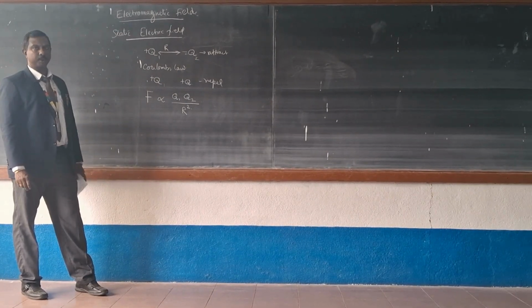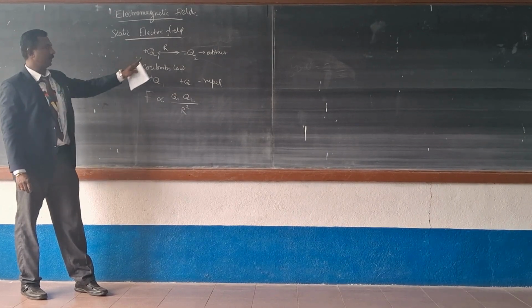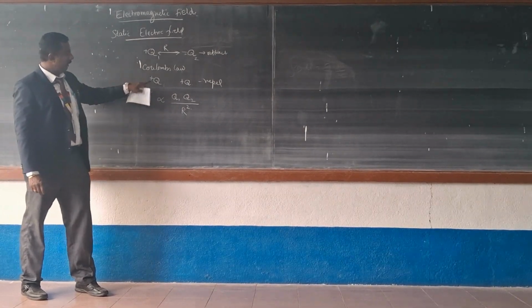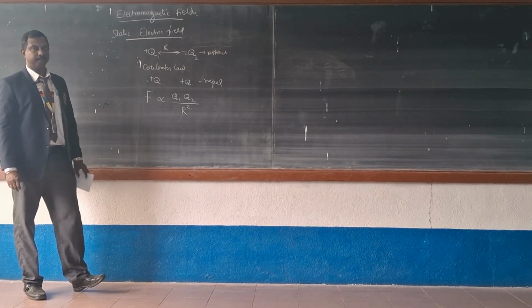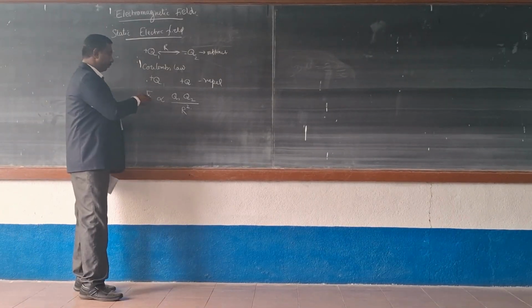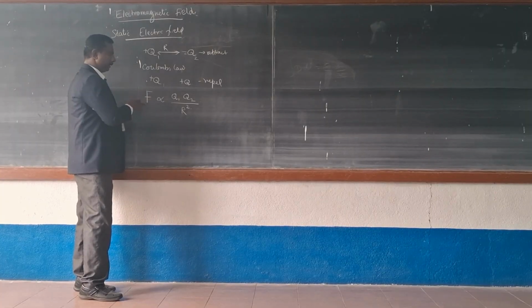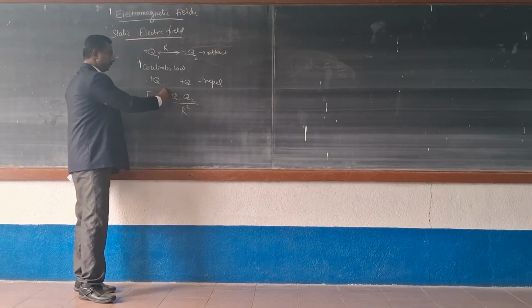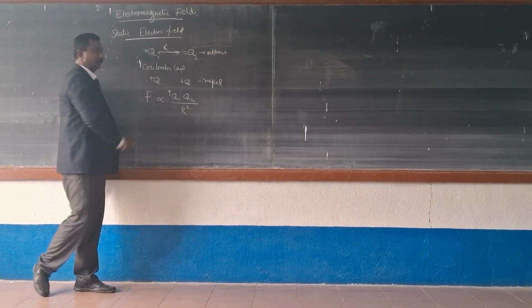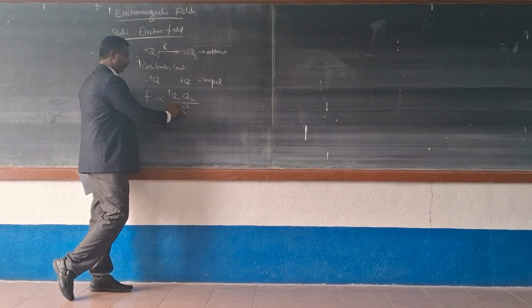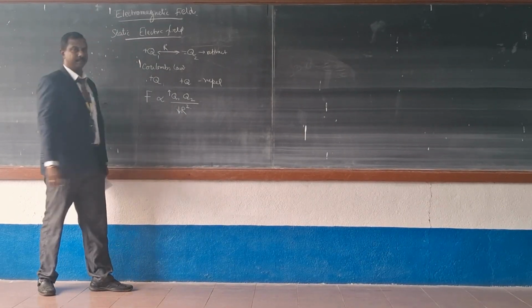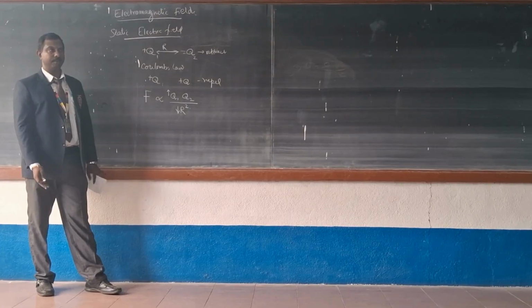Force is directly proportional to the product of these two charges and inversely proportional to the square of the distance between them. Right? So it is clear that if you want to increase the amount of force, you have to increase the charge, or if you reduce the spacing between two charges, the force will increase.